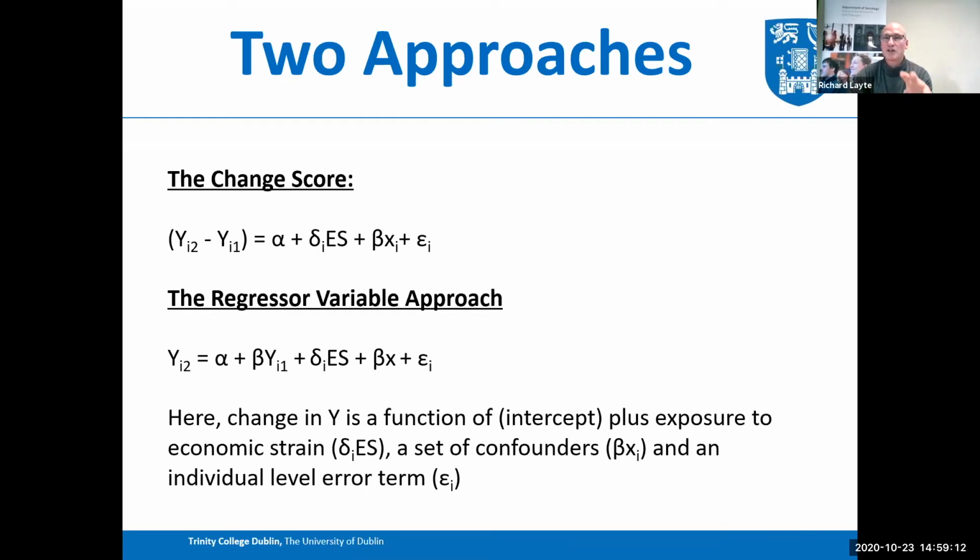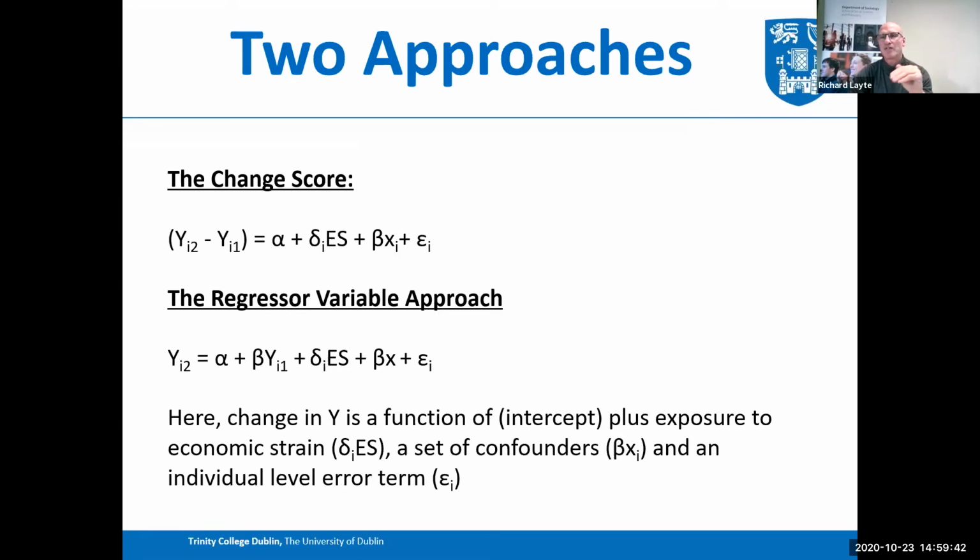Now, with both of these you get similar estimates. It depends upon the model specification, and there are going to be issues about specification, but basically you should get the same outcomes here. There's an ongoing argument about what's the best approach. And there are arguments against the change score because if you factor in measurement error at 2 points in time, what tends to happen with change scores is the estimates are biased down to 0.